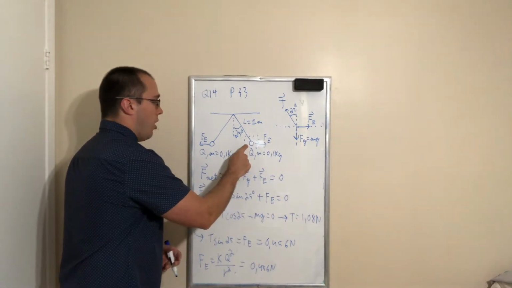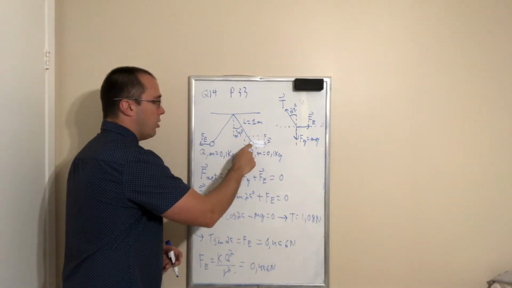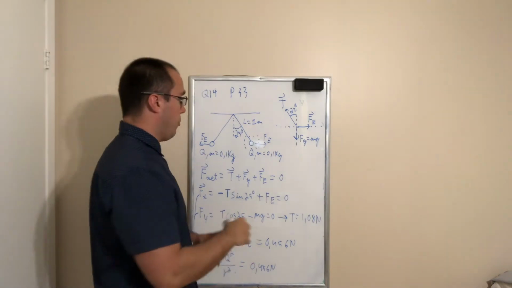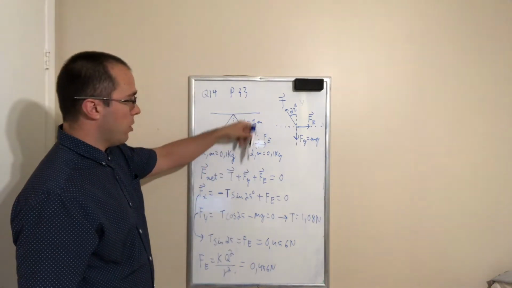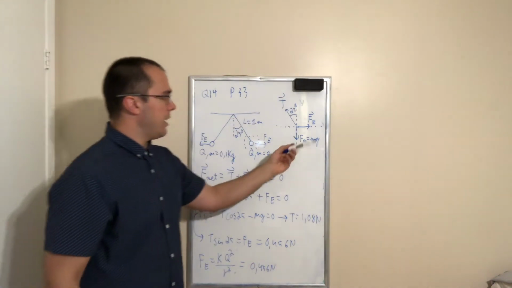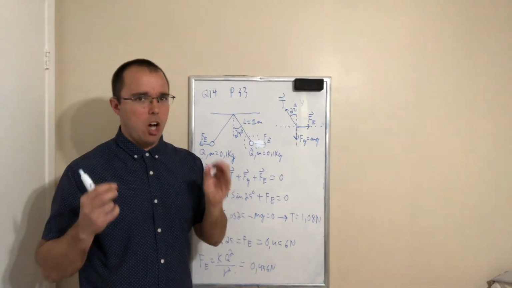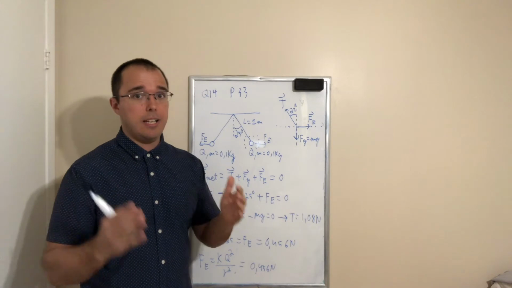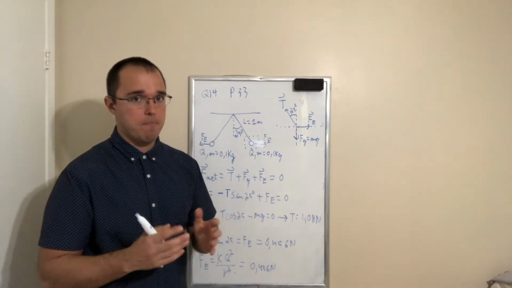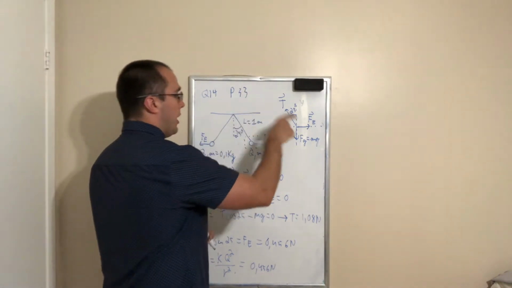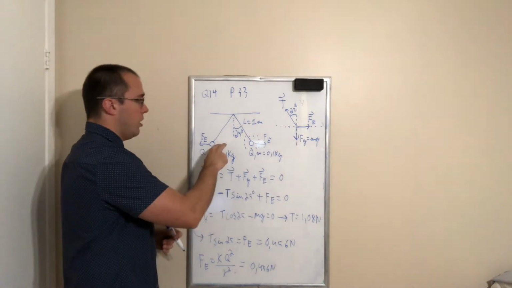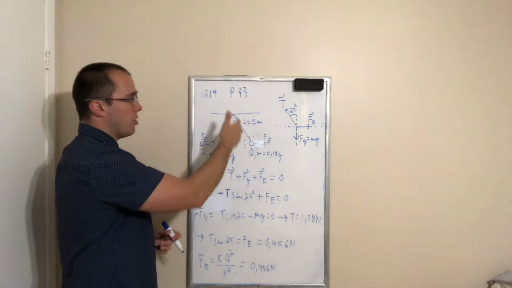So we are looking at the forces acting on the right ball. We have the force of gravity pointing downward. Note that in our force diagram, with the XY axis, the force of gravity is always pointing in the negative Y direction. All right. The electrical force: they both share the same length, so the same hypotenuse.